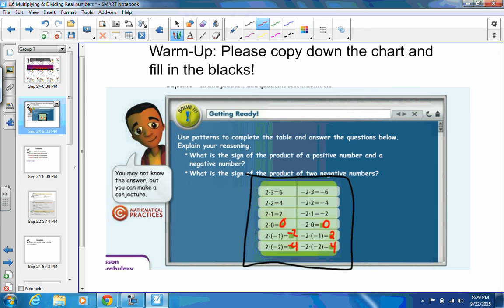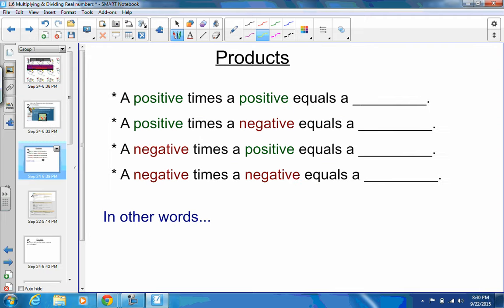Now the question says, what is the sign of the product of a positive number and a negative number? So let's look. Here's a section with a positive and a negative. Here's also a section with a positive and a negative. If you look there, all the answers, all the results are negative. So in other words, every time you multiply a positive by a negative, so I'll come to here and we can kind of fill this in if this would help.